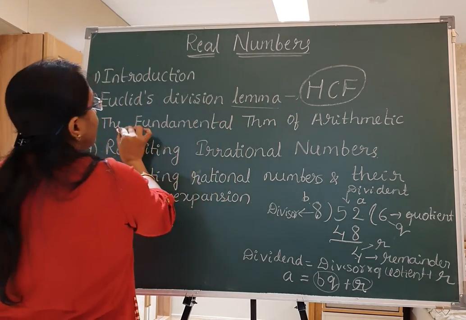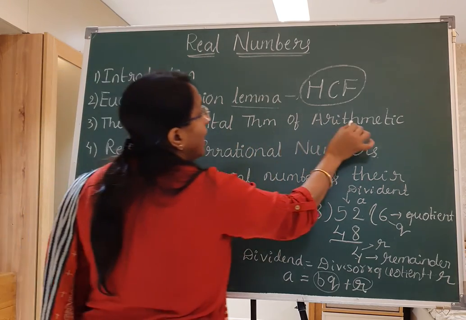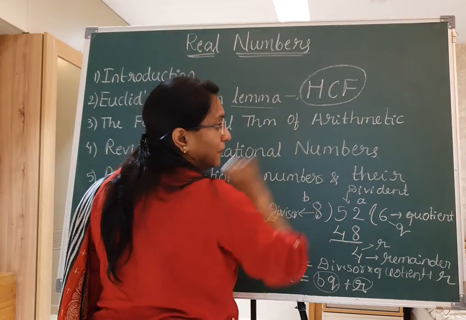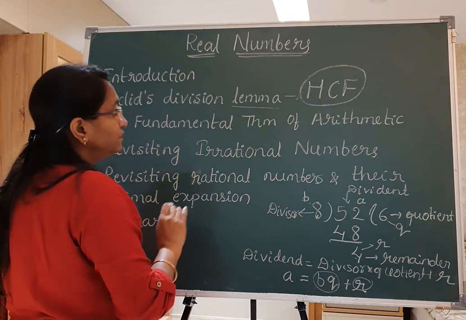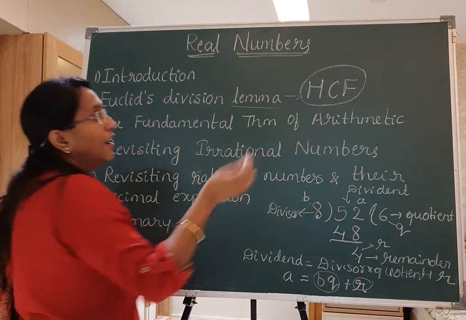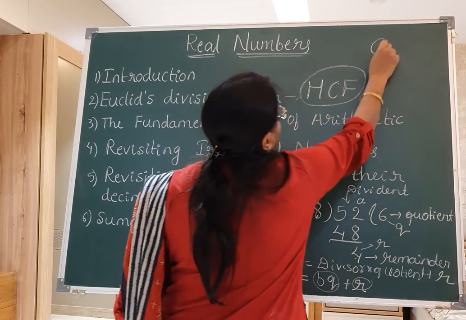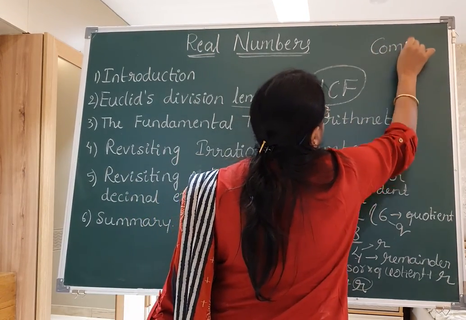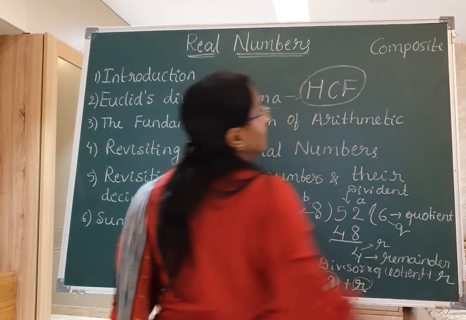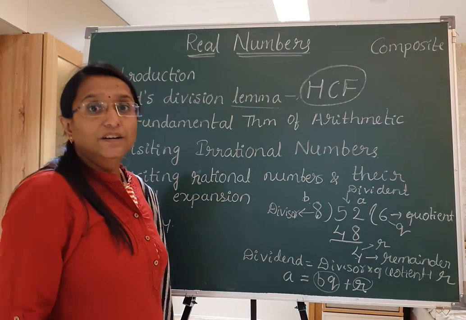Next comes the fundamental theorem of arithmetic. First, you should know what composite numbers are. Composite numbers are numbers which have more than 2 factors.